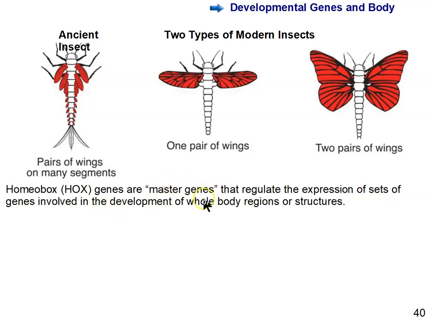They're master genes that regulate the expression of other sets of genes involved in the development of whole body regions or structures. And if you watch that video from the evolution series, Great Transformations, they told the story of a couple of scientists who were trying to find the effect of one of these Hox genes in fruit flies.